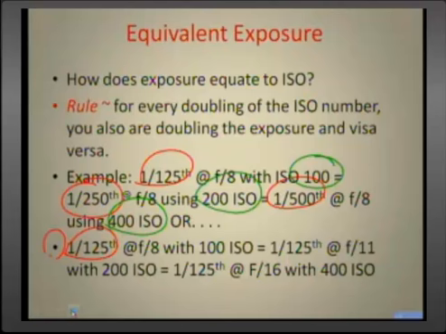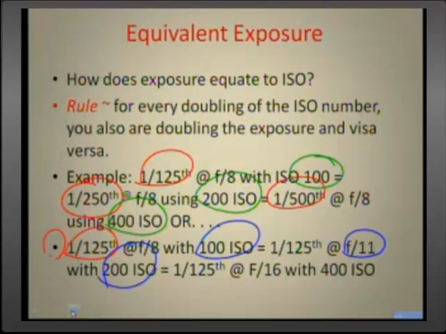If I'm using 100 ISO, I'm using 100 ISO right here. Now when I go to a 200 ISO film, or increase my ISO from 100 to 200, this now will allow me to close down one stop and still keep my shutter at 1/125th of a second.